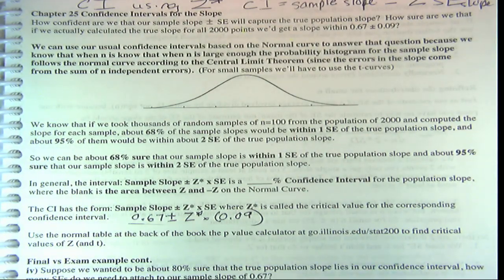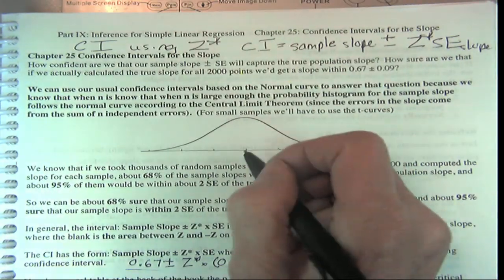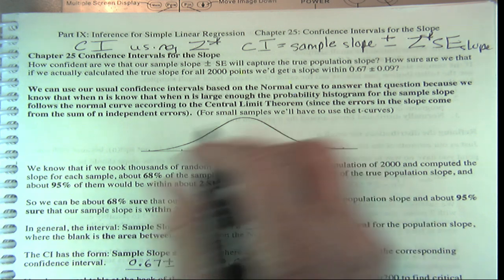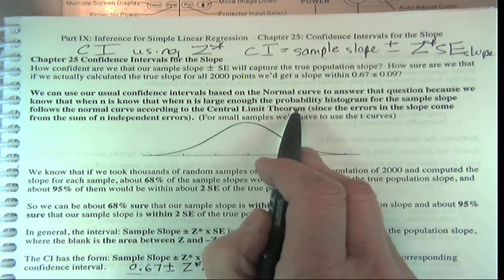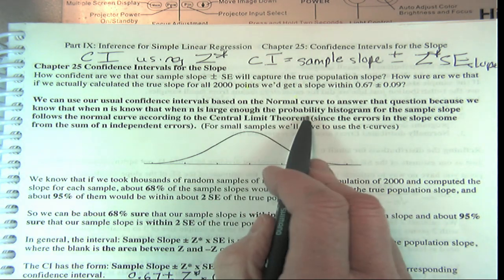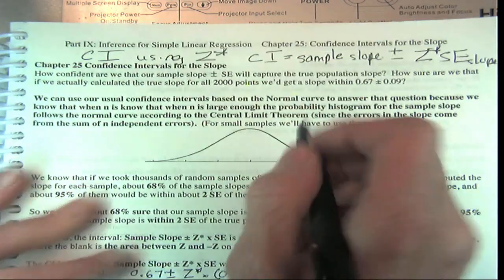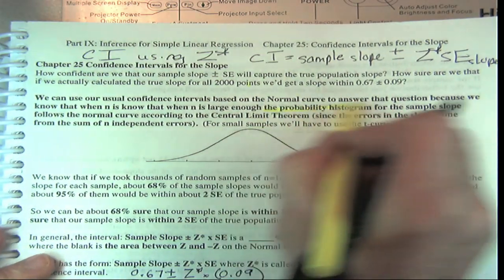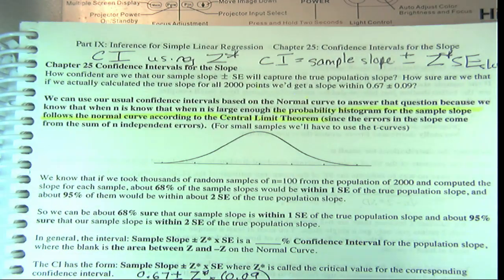Now for these confidence intervals, we can use the central limit theorem, because when n is large, the probability histogram for the sample slope follows the normal curve.